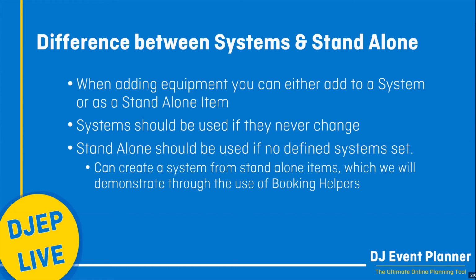Systems should only be used if they're never changing, if they're always the same. Standalone should be used if no defined systems are set for it. We'll go through the differences between those and how that looks inside of DJ Event Planner, and a way to still utilize systems using standalone equipment. I'll show you how that's done, and we'll demonstrate it through the use of booking helpers a little bit later.